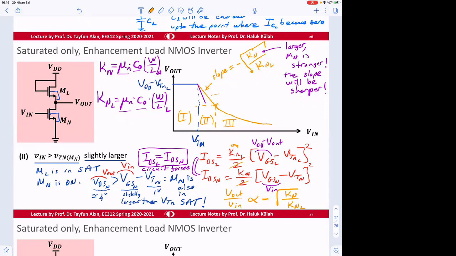So here, Mn is in saturation, here, Mn is in linear mode. It cannot provide too much current now, so the transition is not going to be that strong.